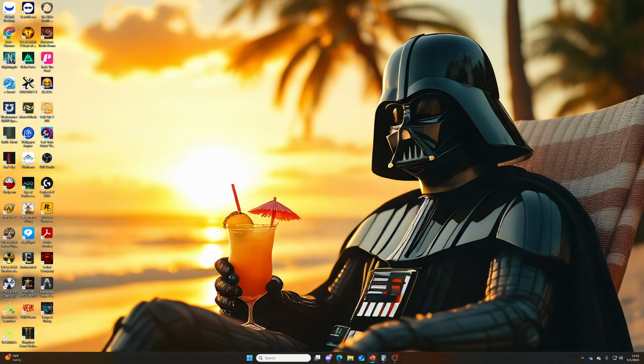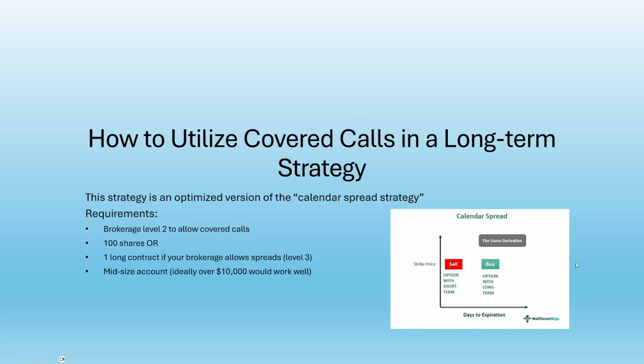This is an optimized calendar spread strategy, and in this case, we're buying a long-term contract that is in the money, or you can buy 100 shares as the long-term position, and then you would sell covered calls against it as the second half of the spread, if that makes sense.